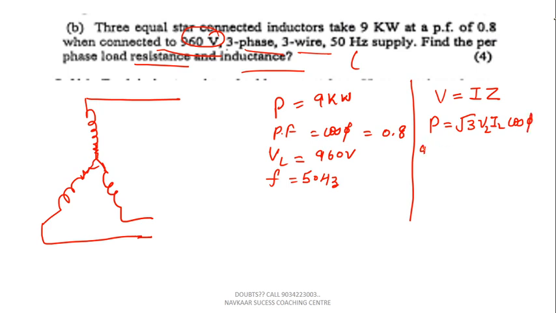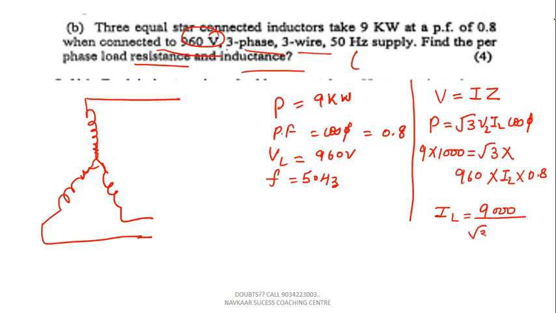Power is 9 kilowatt, so you can write 9 into 1000 is equal to √3 VL IL cos phi. VL is 960 volt, current we need to calculate, and cos phi is 0.8. So from this we can calculate IL, that is 9000 divided by √3 multiplied by 960 multiplied by 0.8.